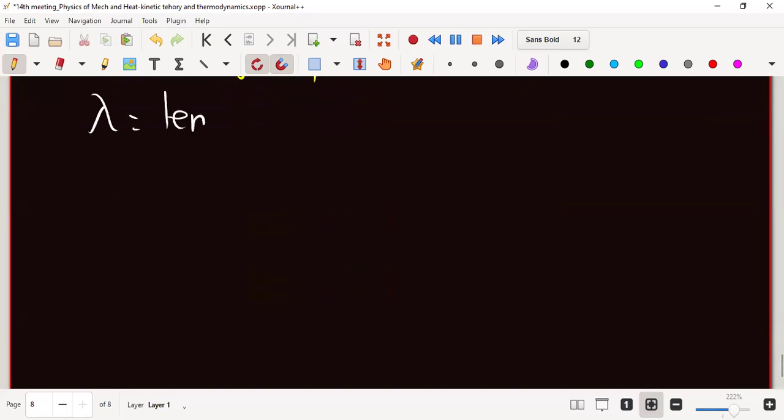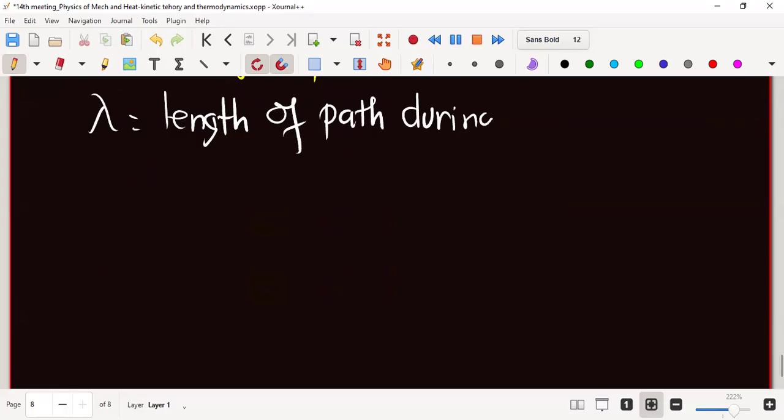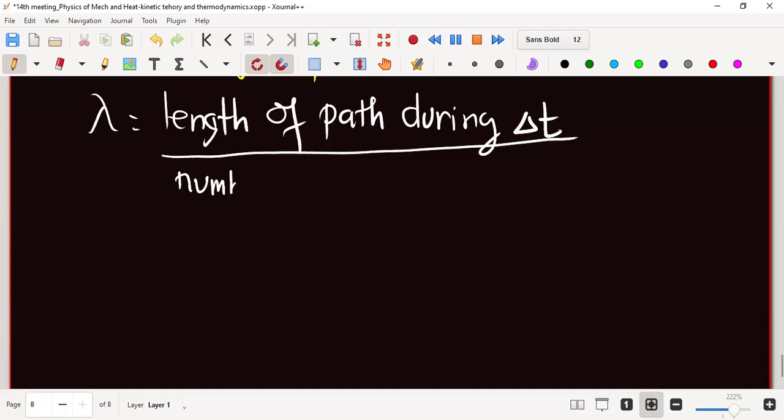Lambda is the length of path during delta t, divided by the number of collisions in delta t.